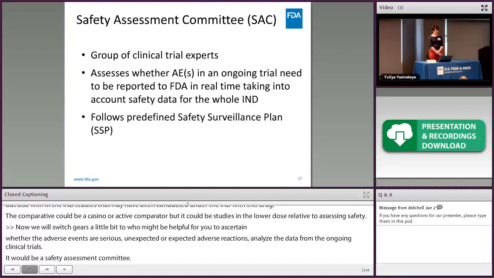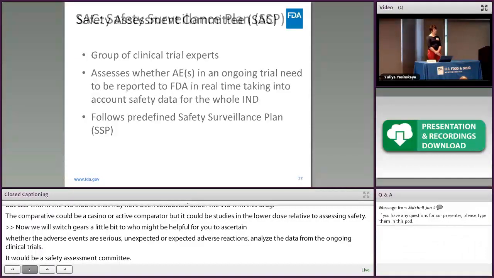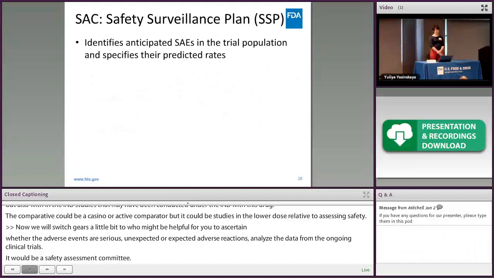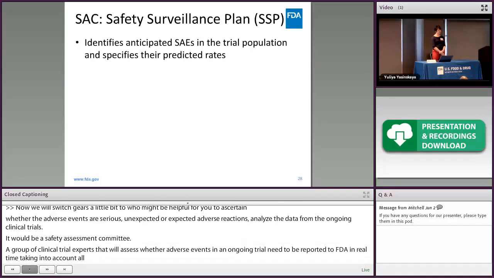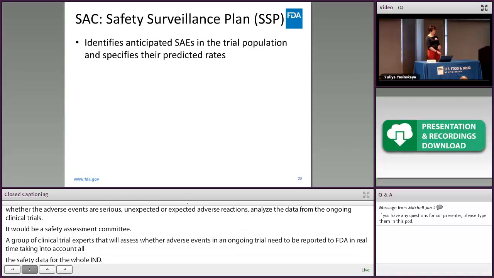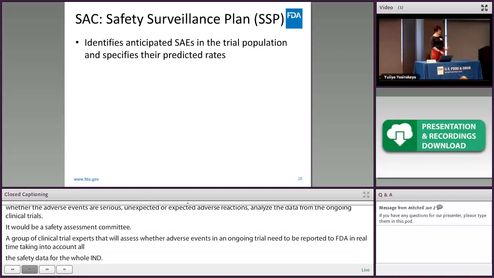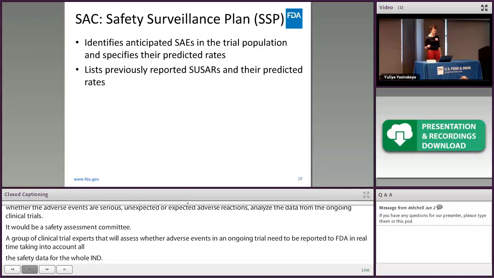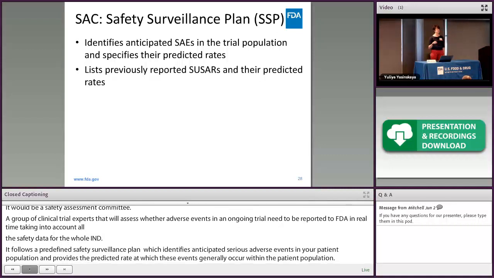It follows a predefined safety surveillance plan, which identifies anticipated serious adverse events in your patient population and provides the predicted rates at which these events generally occur in that population. It also lists the previously reported suspected adverse reactions and the rate at which they had been reported, because any increase in the rate of suspected adverse reactions in your trials is also reportable to the FDA.